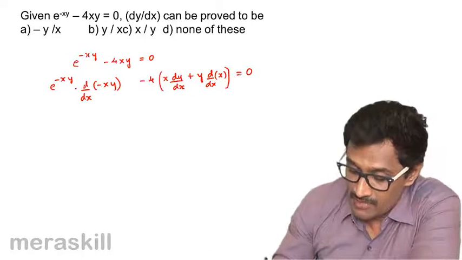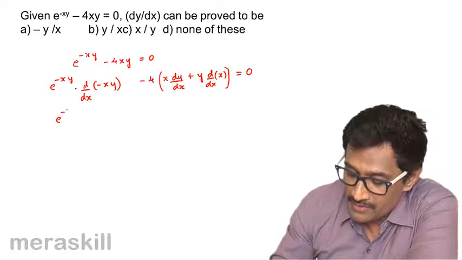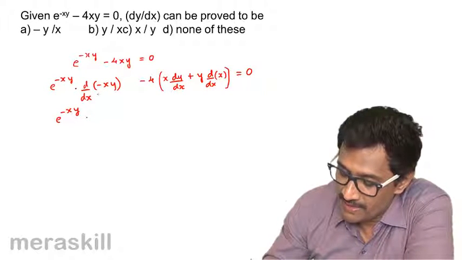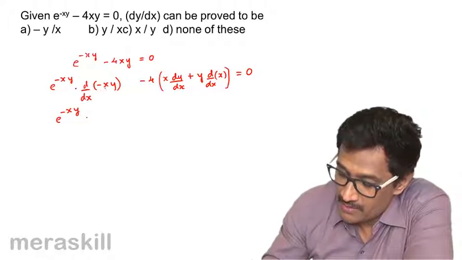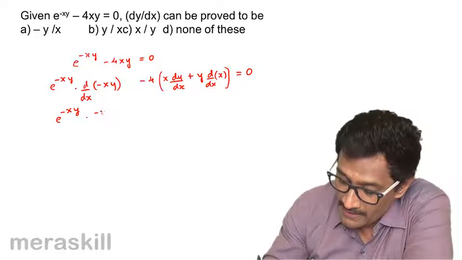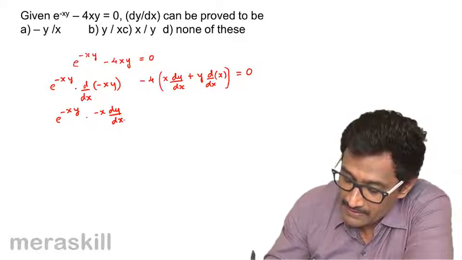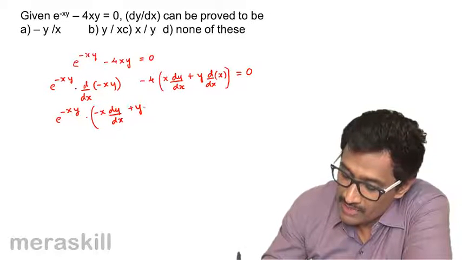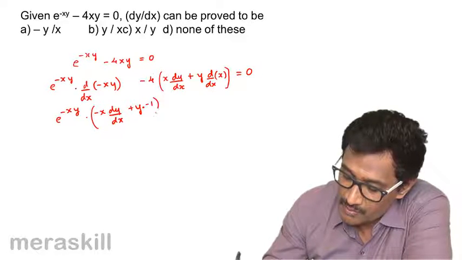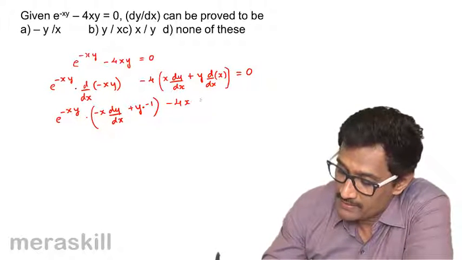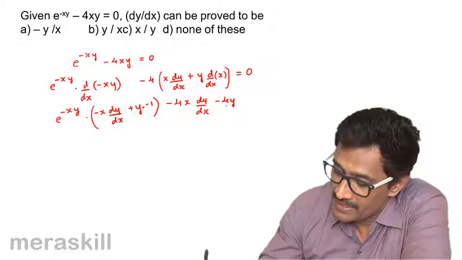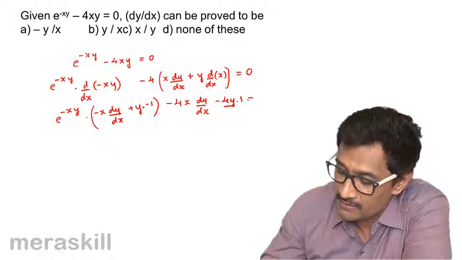So this turns out to be e raised to minus xy into d by dx of minus xy, which will be, we have to take, it's going to be minus x into dy by dx, then plus y into derivative of minus x, that is minus 1, minus 4x into dy by dx, minus 4y into derivative of x, this is 1, is equal to 0.